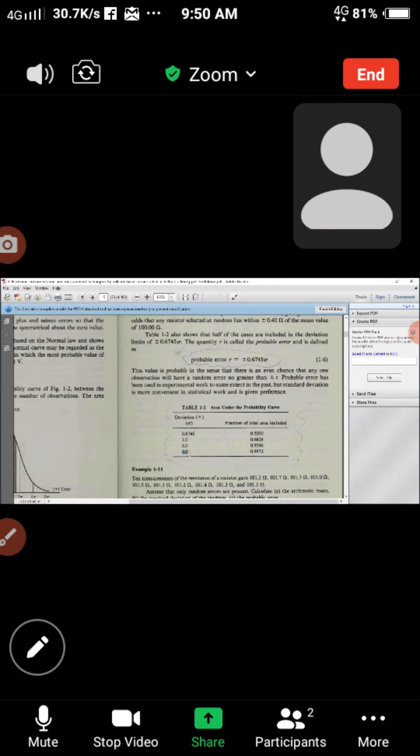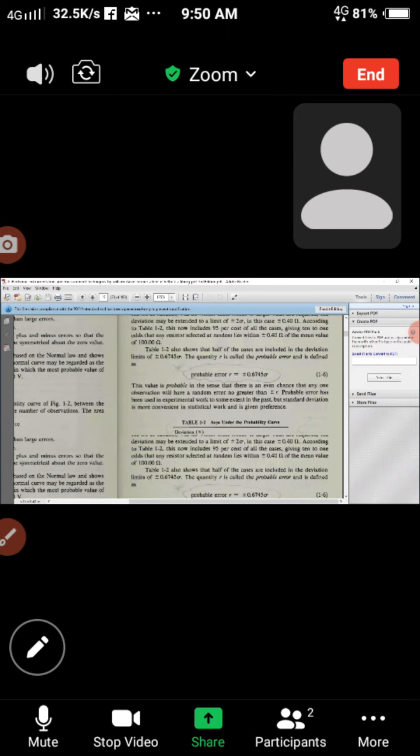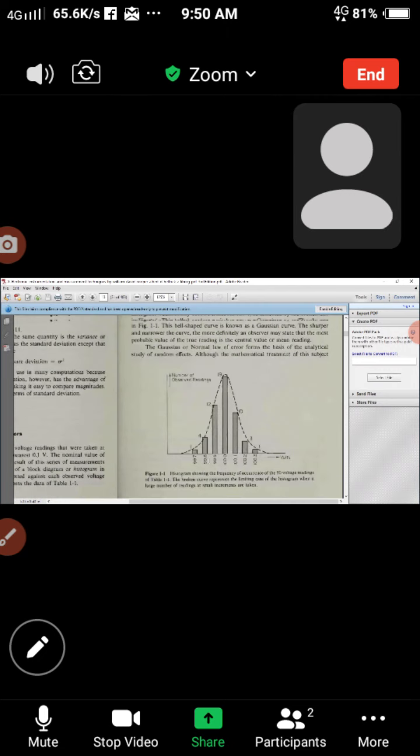The same deviation we can say is here. This will be 1 deviation, 2 deviation, 3 deviation like this. And the maximum lies within 0.67 deviation. That means within this jurisdiction the maximum probability of readings are there.